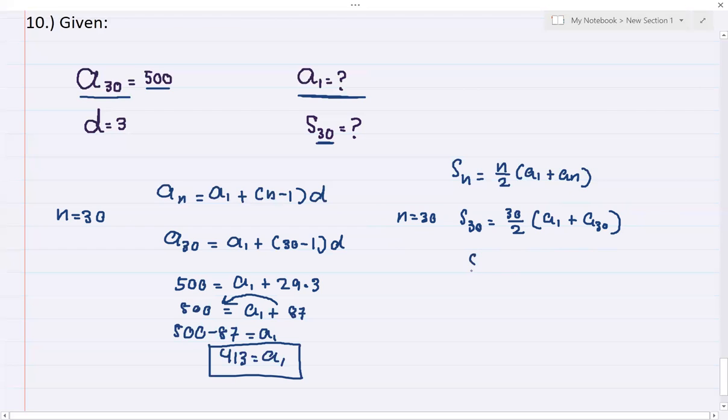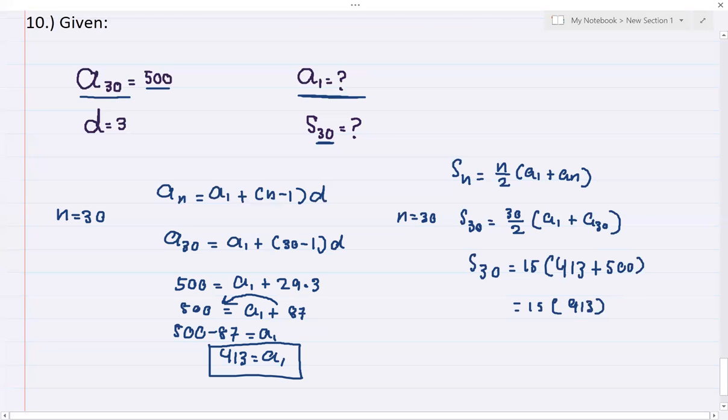So now let's substitute. 30 divided by 2 is 15. Times quantity, a sub 1 is 413. Plus, your a sub 30 is 500. Okay. So, by adding them together, you will have 15 times quantity 930.